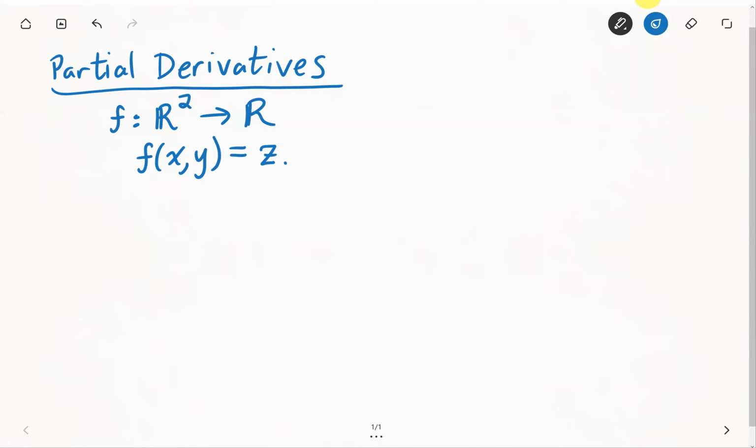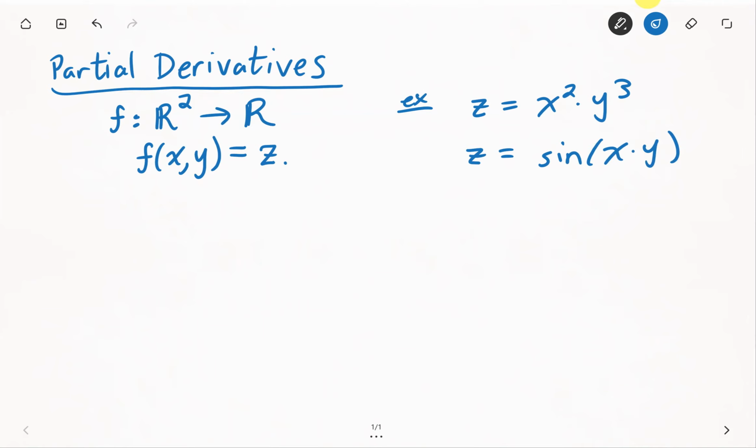So for example, we might have the function z equals x squared times y cubed, or we could do another function, and we could write z equals sine of x times y. There are lots of variations on functions that you can write. So what we'd like to do today is learn how to calculate derivatives when there's more than one variable present.